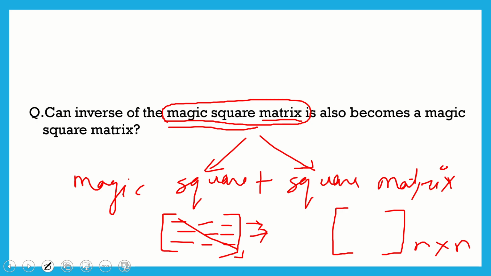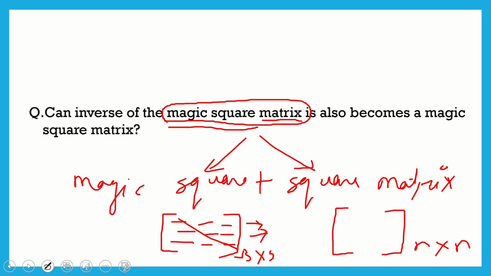Actually, due to a typing error, we accidentally erased that magic square here. But let me show you one magic square which satisfies the relation. So see, this is a magic square. It has the same number of rows and columns, and it is a 3 by 3 matrix, right?